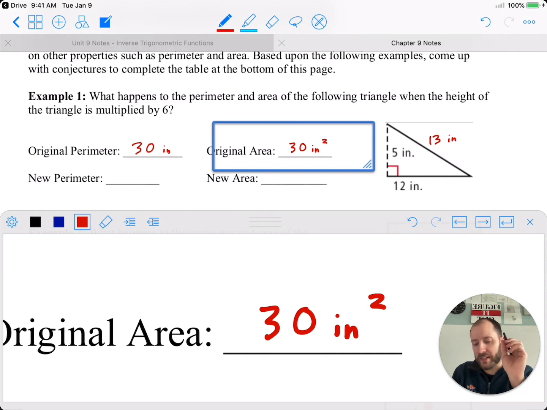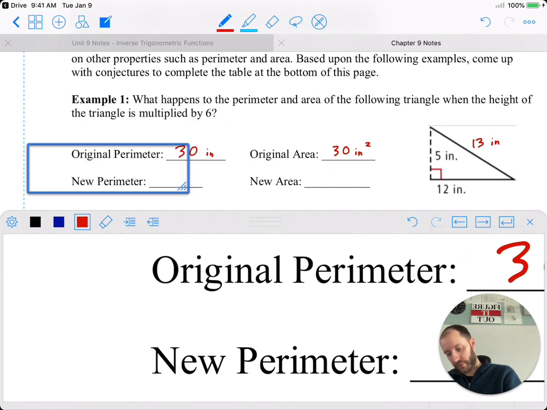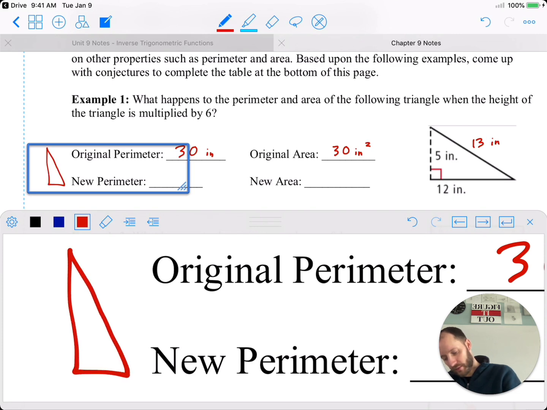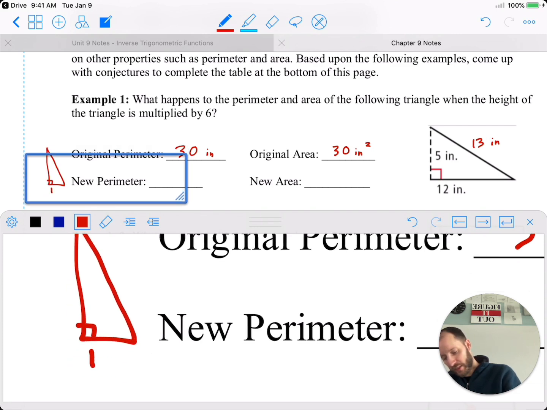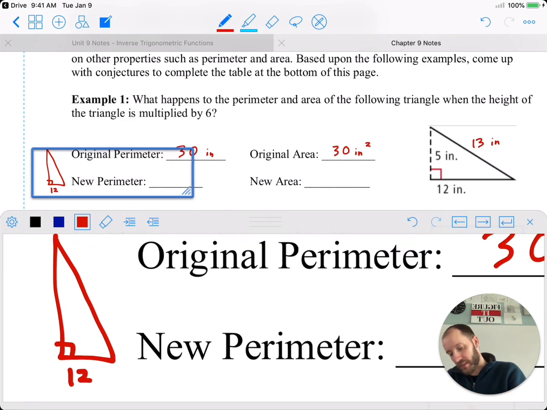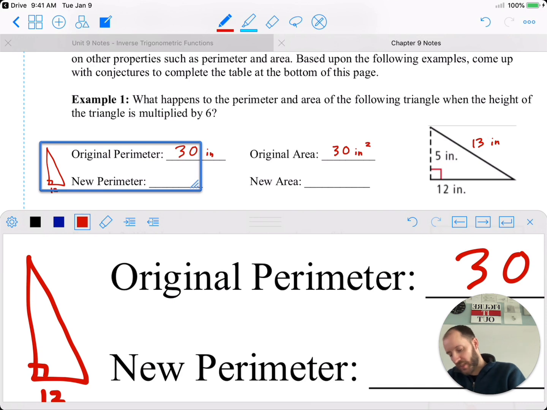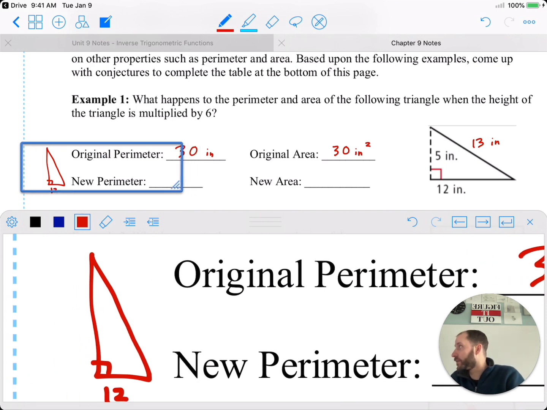Now let's take the triangle and we're gonna multiply the height by 6. So now a new triangle over here. Base is still 12. This is horribly not to scale. 5 times 6, height of 30.